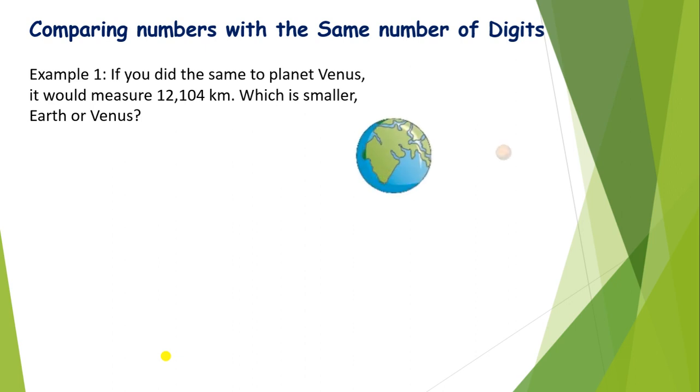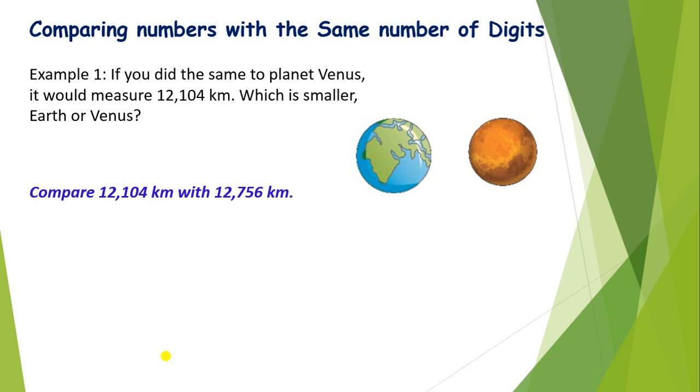This is Earth and this is planet Venus. If you observe, the sizes are almost same, not exact but almost same. Let's now note down the numbers. We need to compare 12,104 with 12,756.